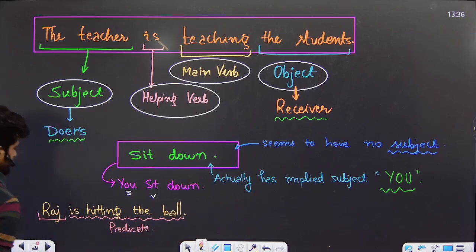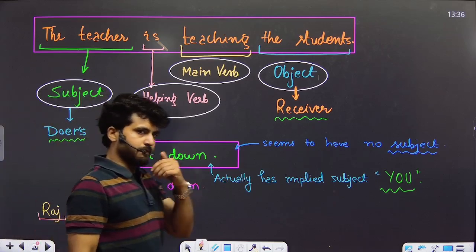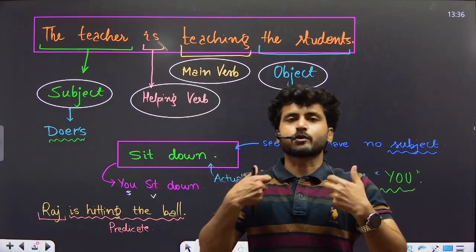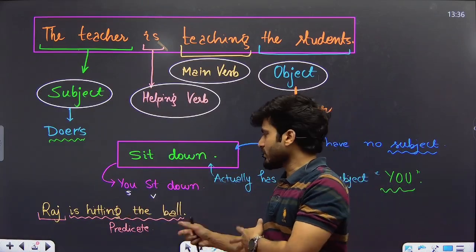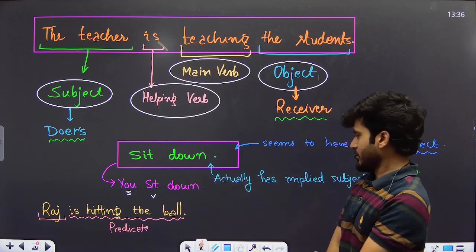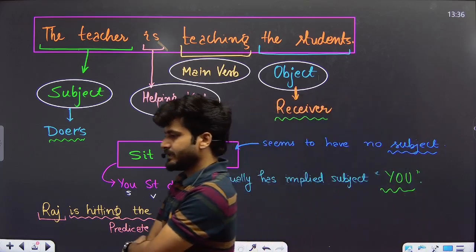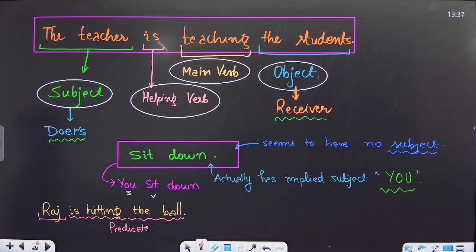Leaving the action performer, everything remaining is additional, providing you the information about what the subject is doing, that is your predicate. That is subject, this is predicate. Got it? Okay, write it, note it down fast.